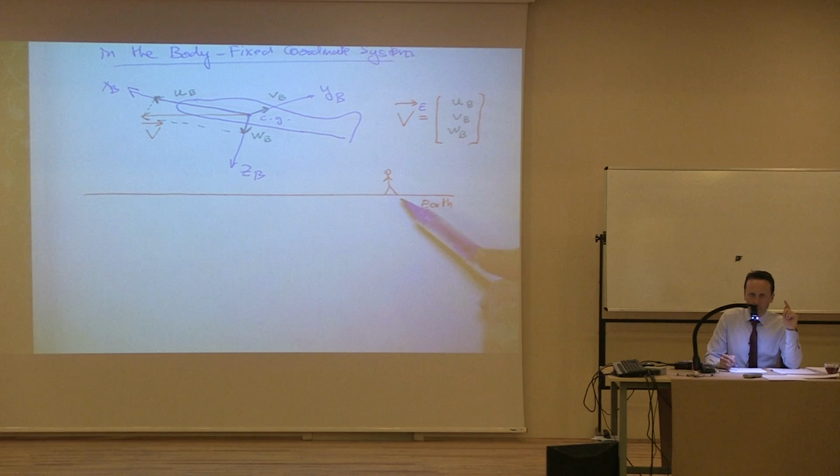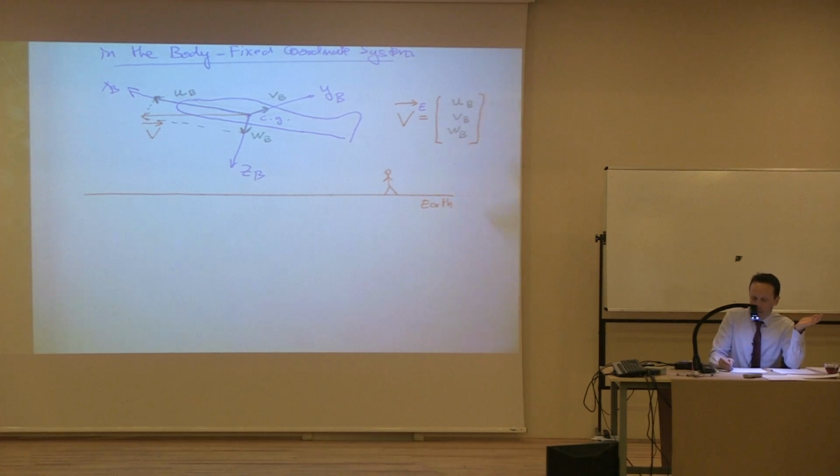Okay? The second piece of information I need: these 3 numbers are written in a coordinate system, because this is in the x-axis, this is in the y-axis, and this is in the z-axis, right? So they are decomposed into axes. You need to tell me in which coordinate system you are writing this, and that comes here. This is written in the body coordinate system, the body fixed coordinate system.